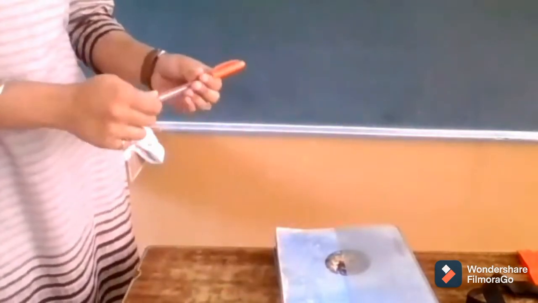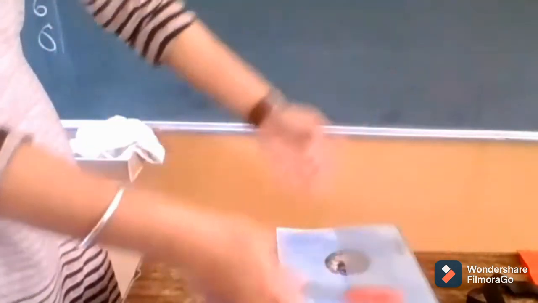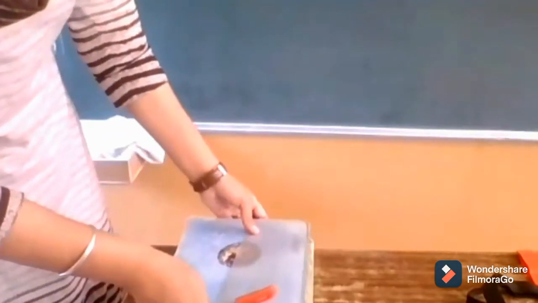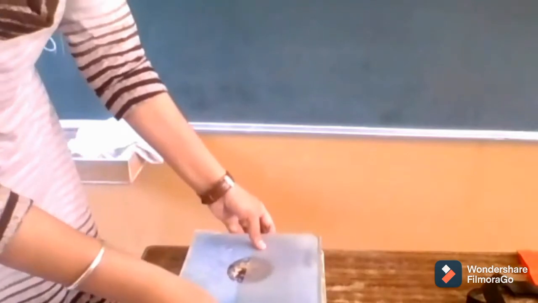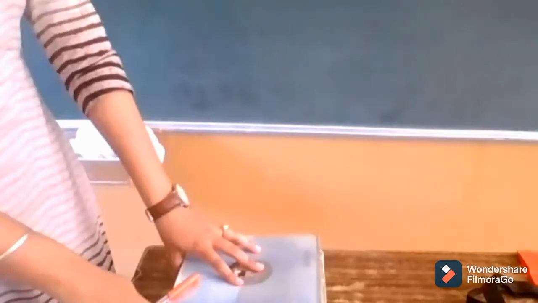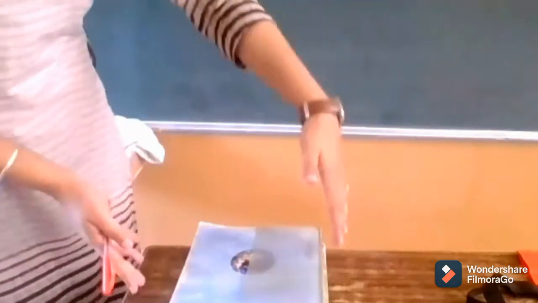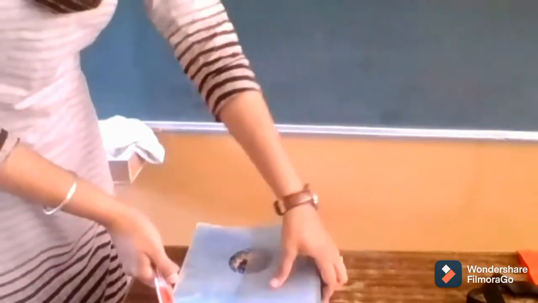If I also add some more weight into it, it will be difficult for me, even though the surface in contact remains the same. The surface of contact is the same, but still the frictional force is increased. Why? Because the weight of the object is increasing. The area also remains the same.